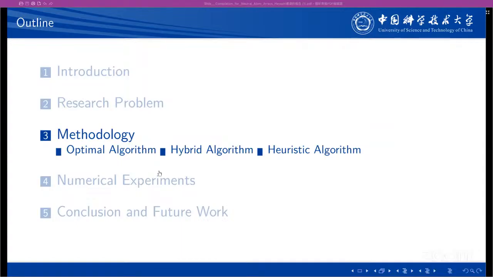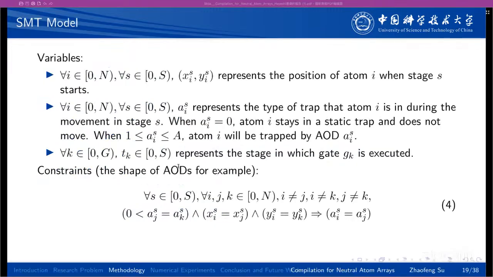For this problem, we considered different algorithms. First, there is a direct algorithm, which is also optimal with respect to the result: using the SMT solver. We can consider all the constraints of the problem and put those constraints into the SMT solver.